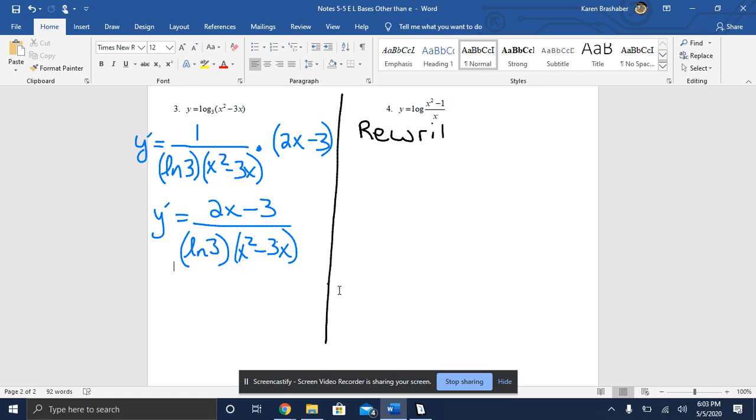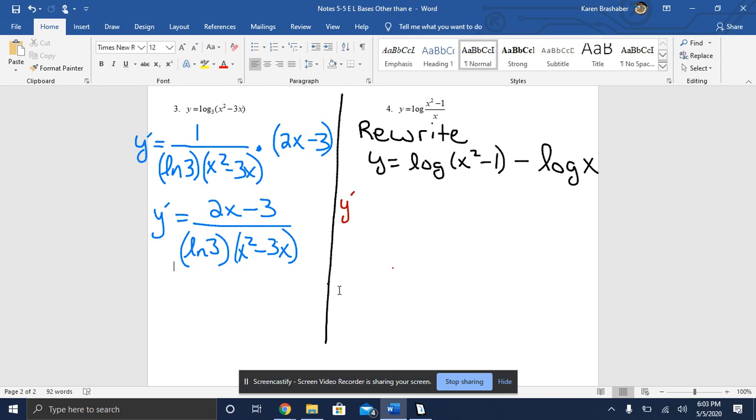So remember, your properties of logarithms would say that we could rewrite this as y equals the log of x squared minus 1 minus the log of x. And then we'll do the derivative.